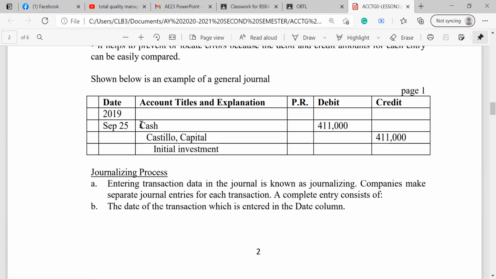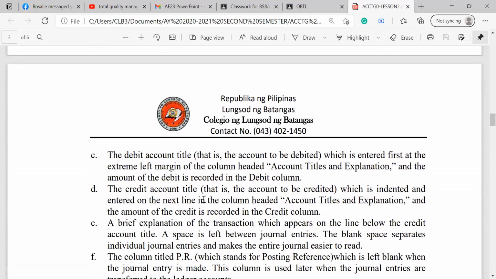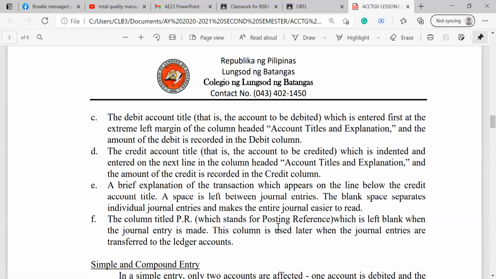Kung ang debit po ay yung nasa extreme left, yung credit po natin, i-move natin, ipapasok natin ng konti. Okay? So, same process po, isulat natin yung ating credit account title, and then dun sa credit column ng money column, sulat natin yung amount. Okay? And then, a brief explanation of the transaction. So, yun nga kanina, yung initial investment.